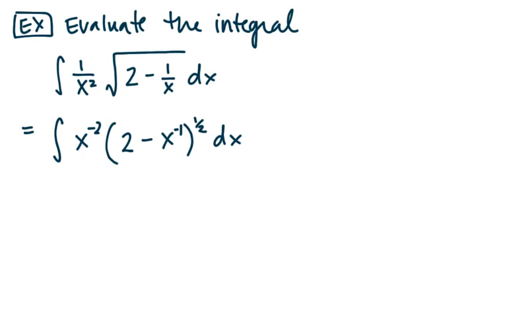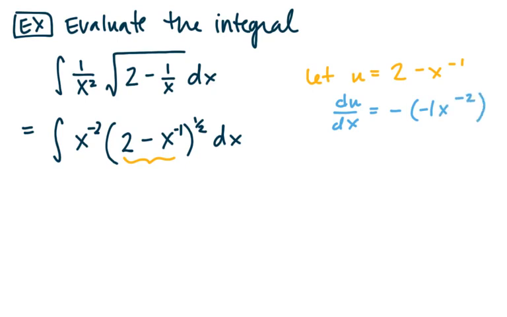All right, so if I rewrite it like that, then it might be easy for me to say, let's let u equal 2 minus x to the negative 1. So now, if I differentiate u with respect to x, 2 becomes 0, and I have negative 1 times negative 1 x to the negative 2 power.